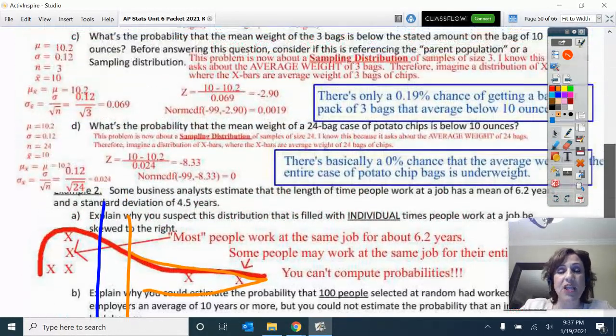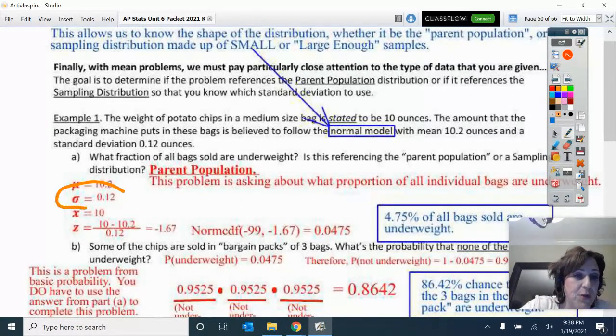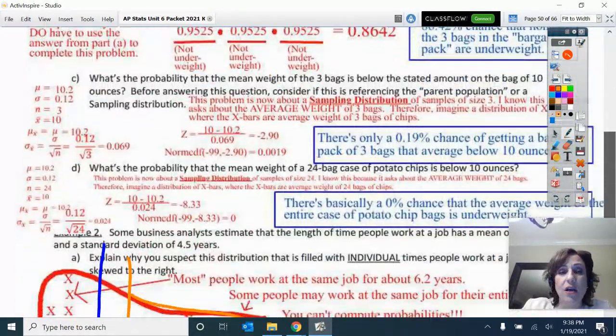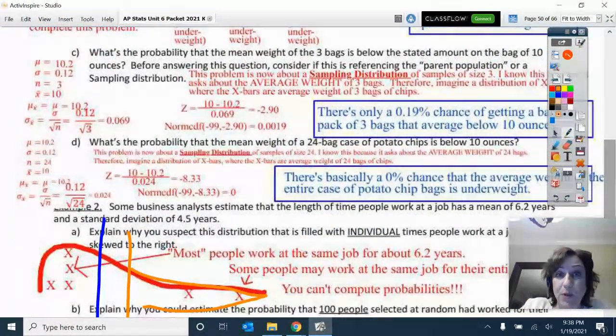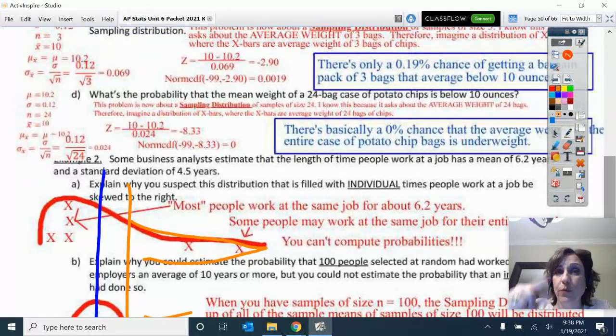As you read them, you're wondering, is this the population where I am just using my population standard deviation? Or is this talking about samples? And then, were these samples from a normal distribution or not? We were safe on the potato chips problem because we were told the population was normal. So that's what you have to go by.